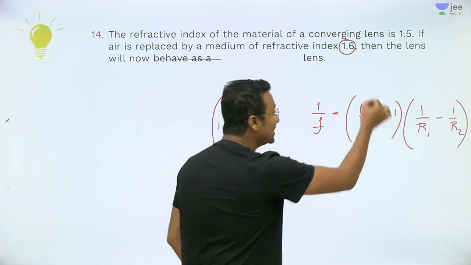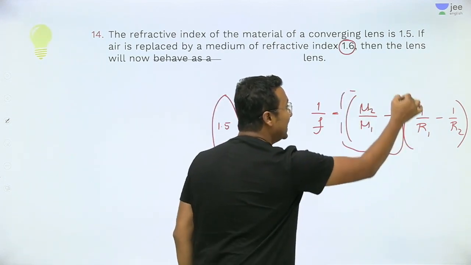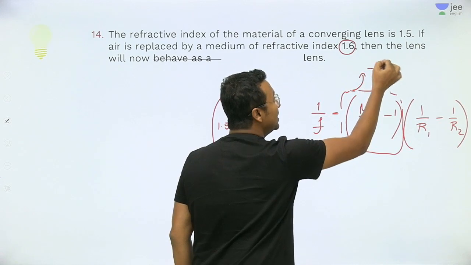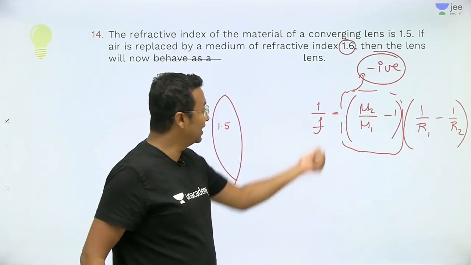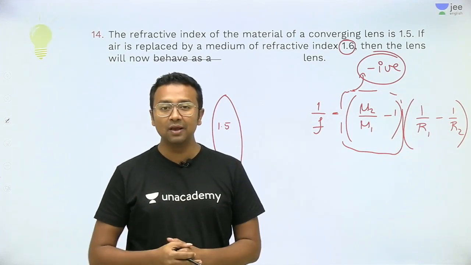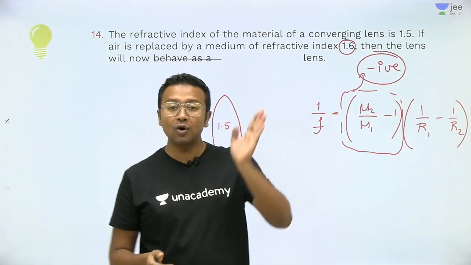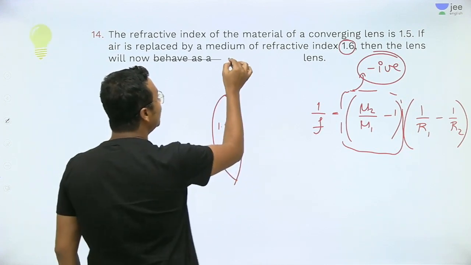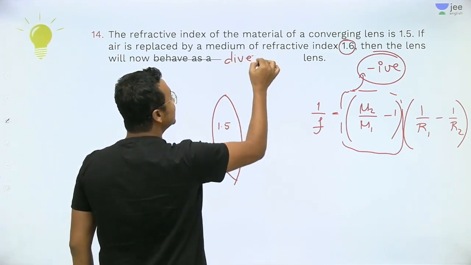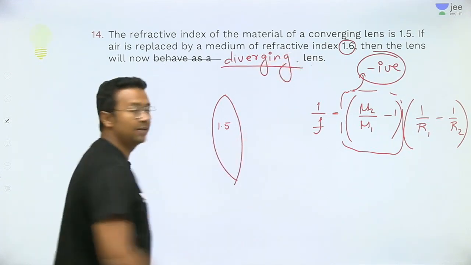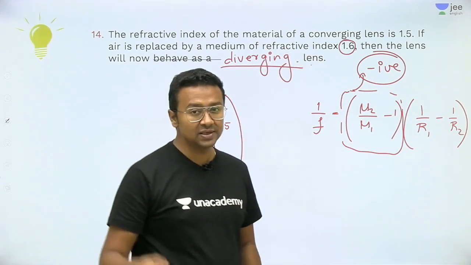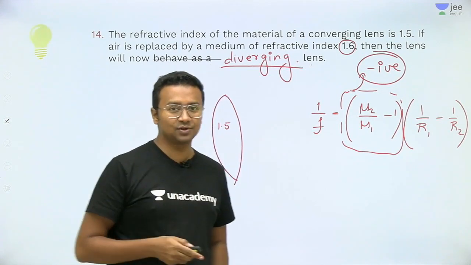That means this entire part will become negative. If this entire part becomes negative, then focal length will also be negative. If focal length is negative, then it is going to be a diverging lens, simple one.